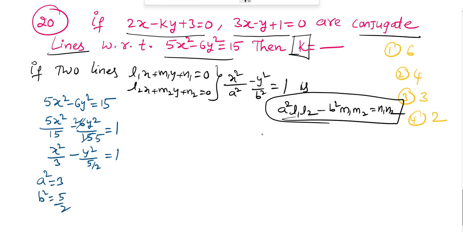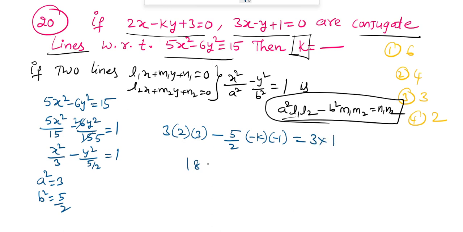So now substituting all these values in this condition, a square, that is 3, into l1 l2, that is 2 into 3, minus b square, this is 5 by 2, into m1 m2, this is minus k into minus 1, is equal to n1 n2, this is 3 into 1. 3 3s are 9, 9 2s are 18, this is minus 5 by 2 k is equal to 3.